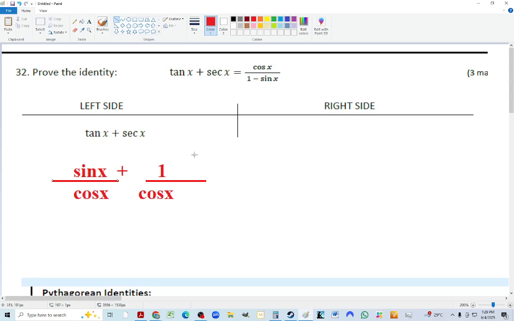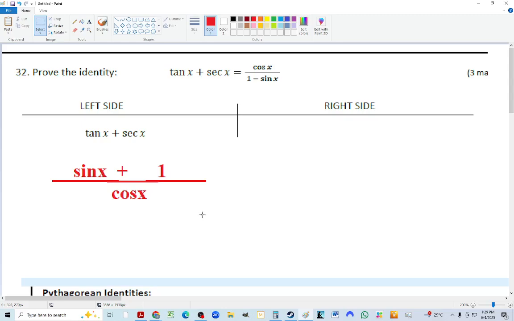We quickly see that they have the same denominator. So I don't have to adjust at all. I can just put them both like this, like that. Good so far.